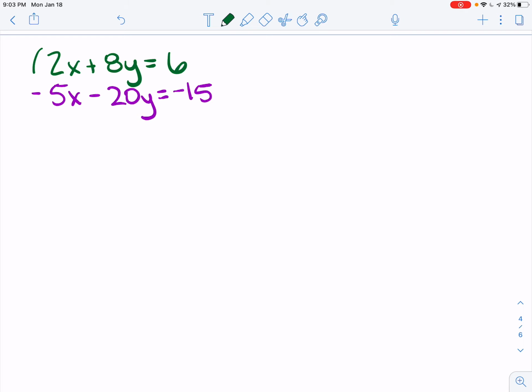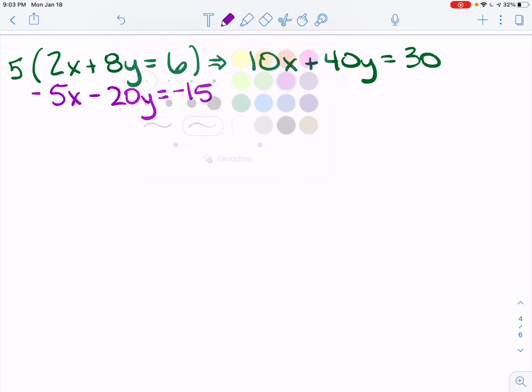So I'm going to start with the first equation. I'm going to multiply everything here by 5, and that will give me my positive 10x. So over here to the right, 5 times 2x is 10x. Then 5 times 8y is 40y, so plus 40y, equals 5 times 6, which is 30. Awesome.